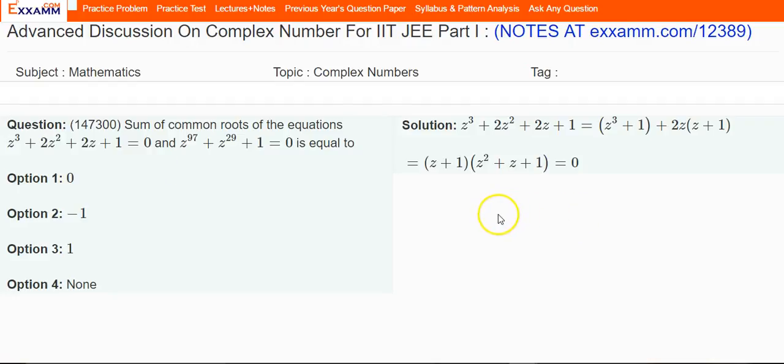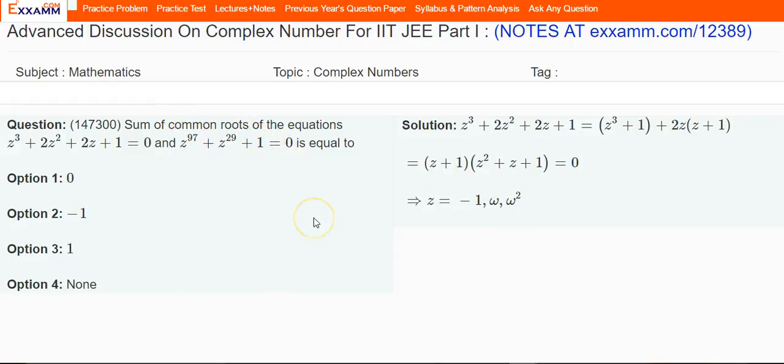Now let us see which of these roots satisfy this, to find the common roots of the equations. If we put minus 1, then this is minus 1, this is also minus 1, so this is not satisfying. But are omega and omega square going to satisfy it? Yes, if they have any common roots, then one of them should satisfy this.